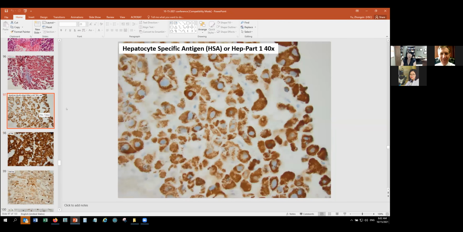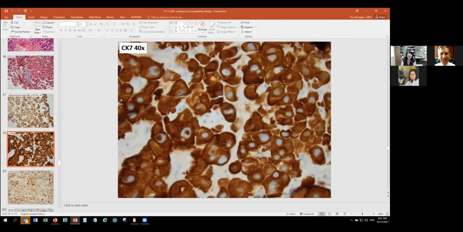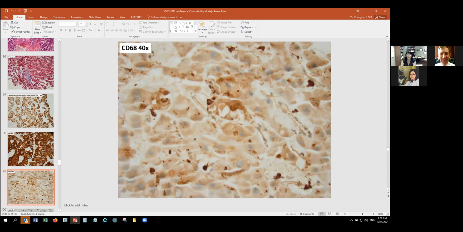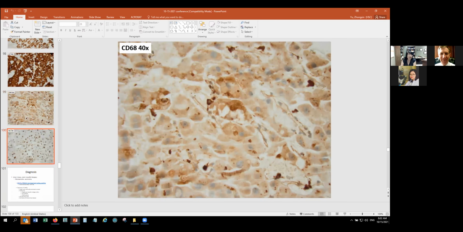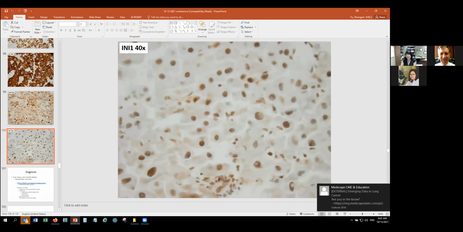This tumor, of course, is positive for HepPar1, demonstrating this is a hepatocellular tumor. Unlike regular hepatocellular carcinoma, this tumor is strongly positive for CK7 and positive for CD68. And of course, you want to rule out a rhabdoid tumor, so you do INI1, and there's no loss of nuclear staining.